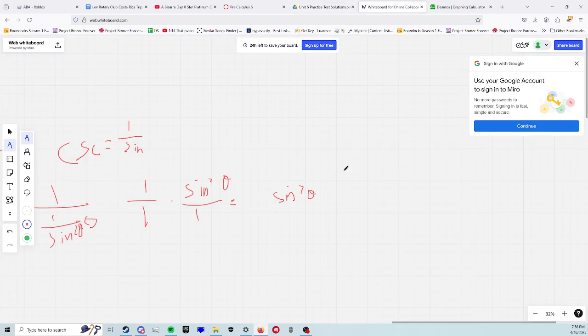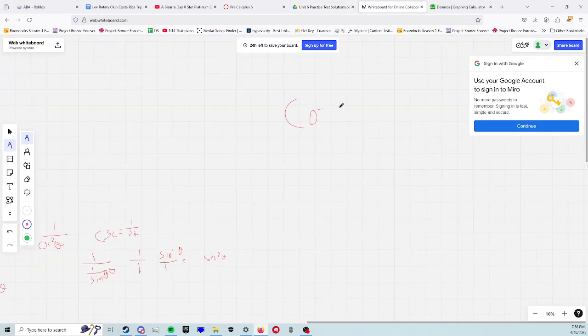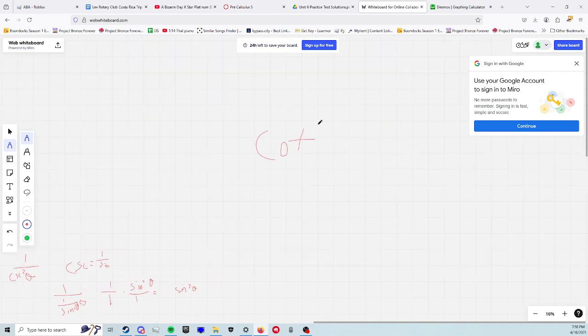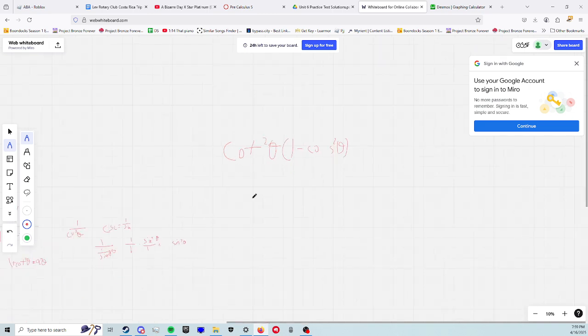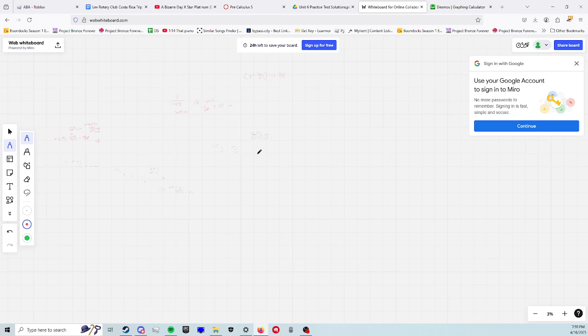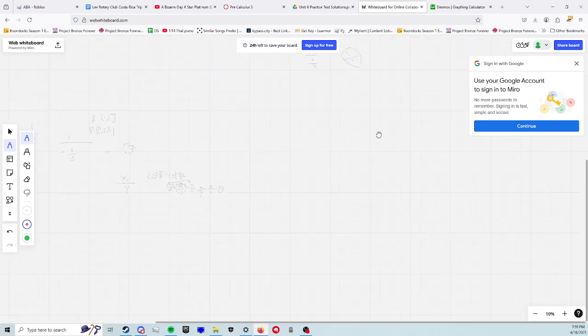So, cotangent. How did I solve this? Cotangent squared theta times 1 minus cosine squared theta. Do you remember where it goes?